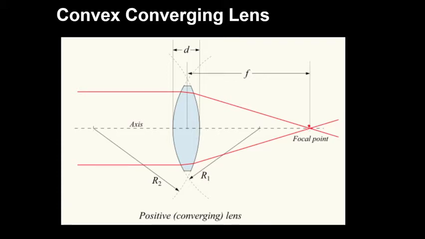The focal point of the lens can be measured from the plane of the lens. That's a reference point. It's a vertical line running directly through the center of the lens. So from the plane of the lens to the focal point is known as the focal length.